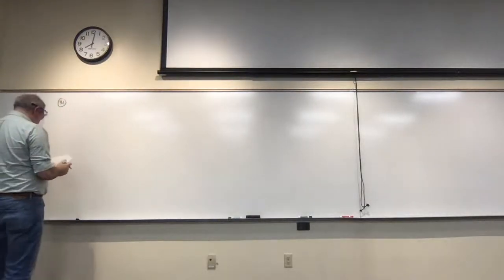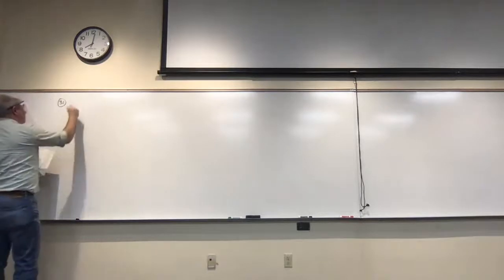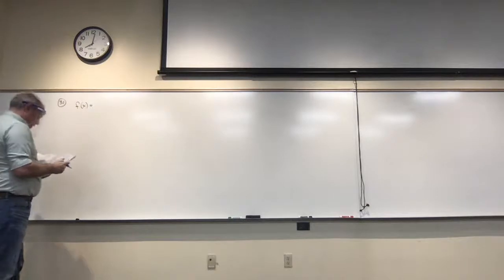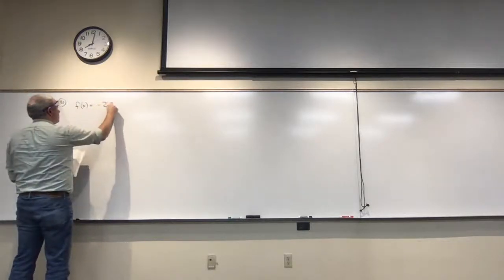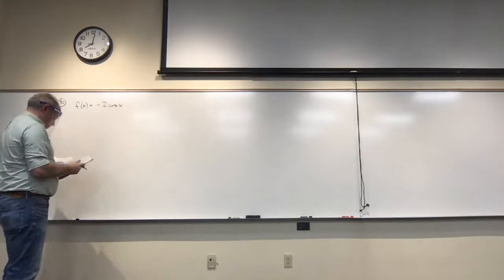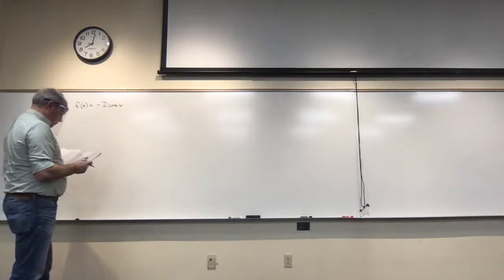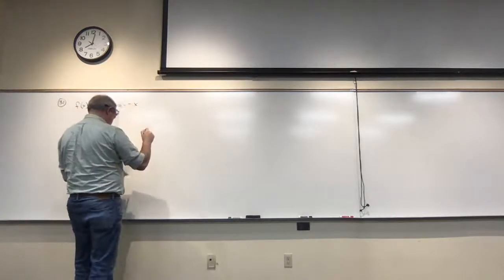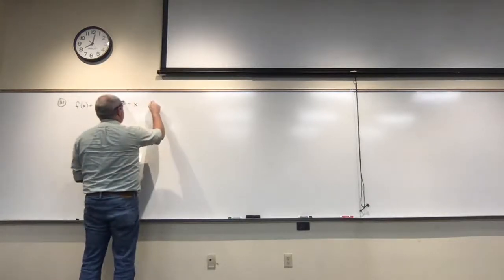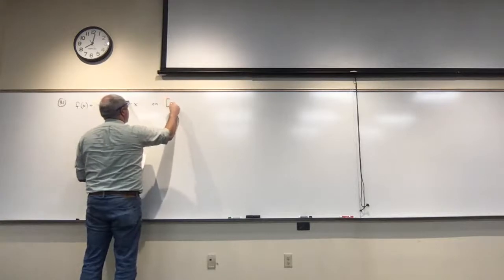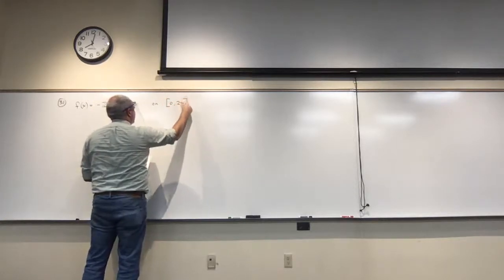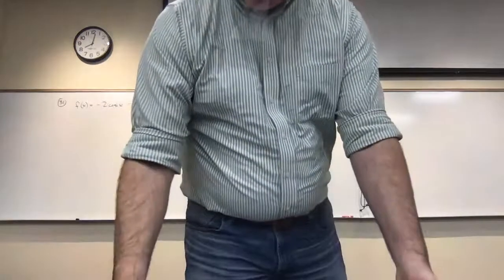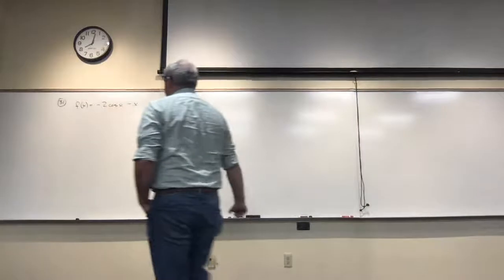So number 31, we have f of x is equal to negative 2 cosine x minus x on the interval 0 to 2 pi. And we're trying to find where it's increasing and where it's decreasing.